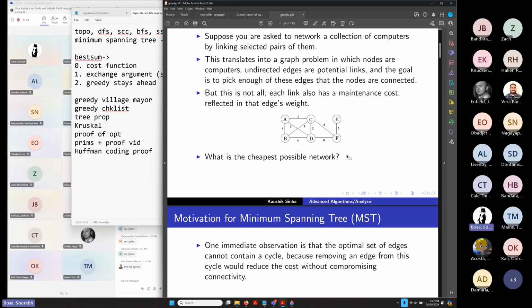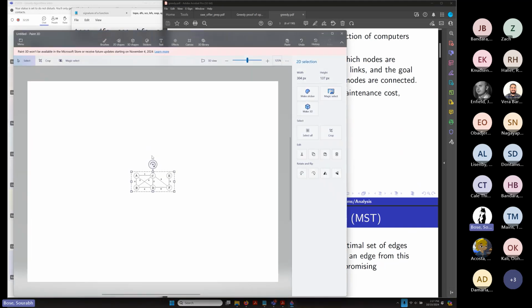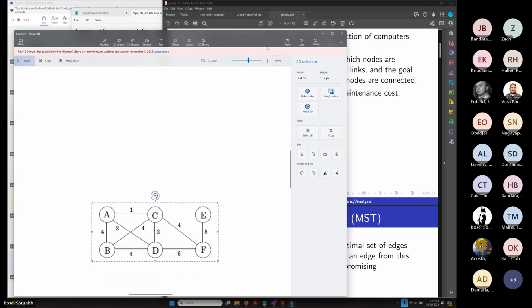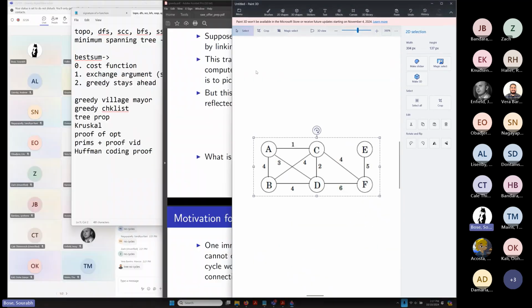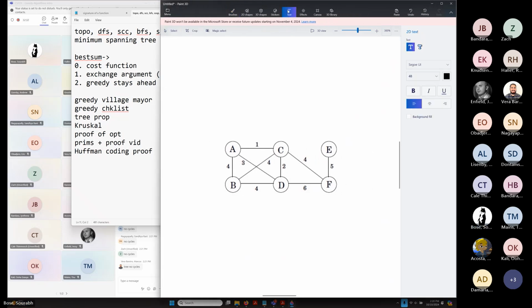Let us walk through this graph and figure out the minimum number of edges required to keep it connected.